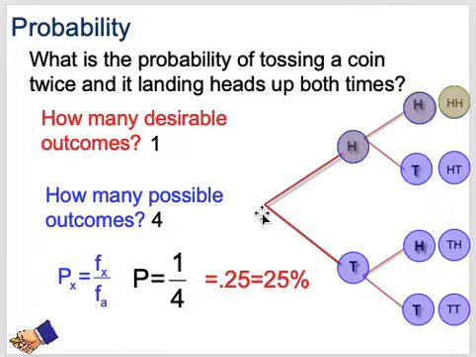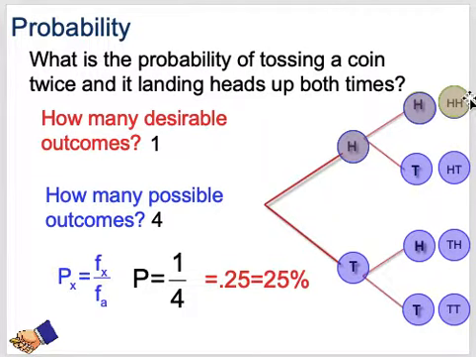So if we look at this, they drew a little decision tree for us. This is our first toss, heads or tails. And if I toss heads first, I can toss again and I can get heads or tails. If I toss tails first, I can then toss it again and I could get heads or tails. So on this right-hand side here is all our possible outcomes.